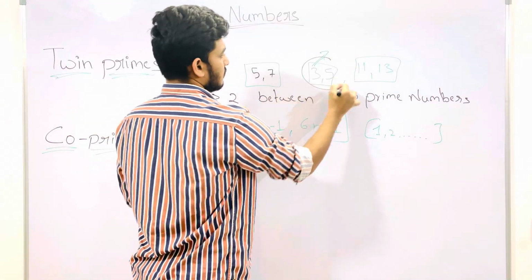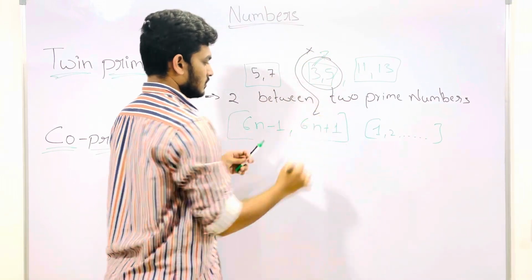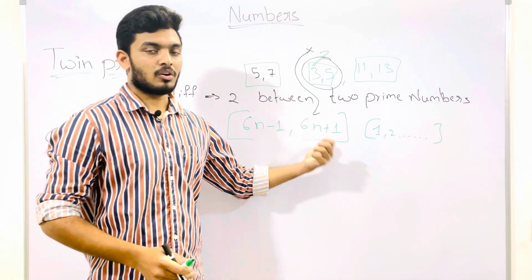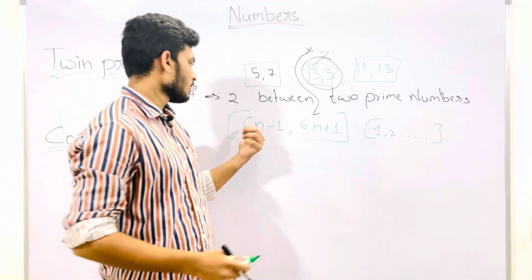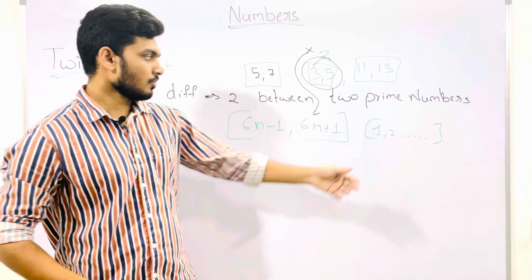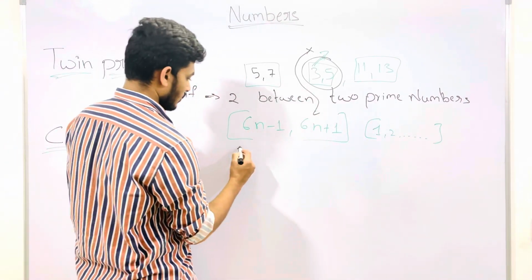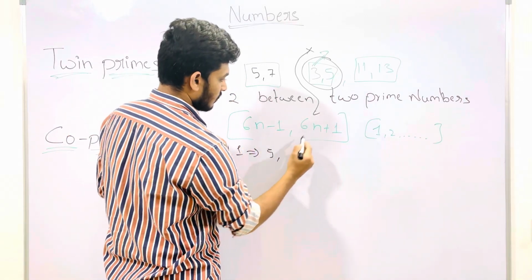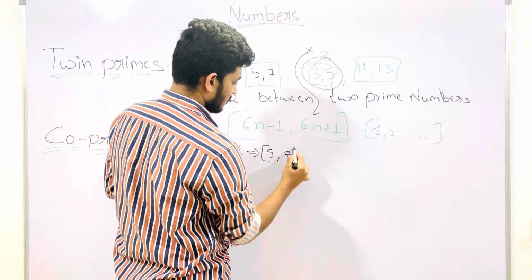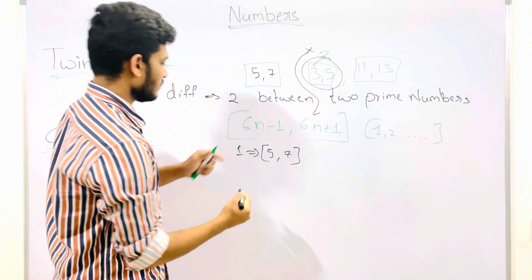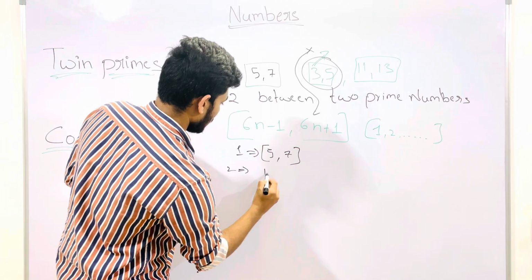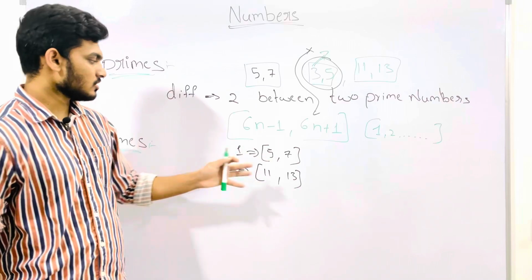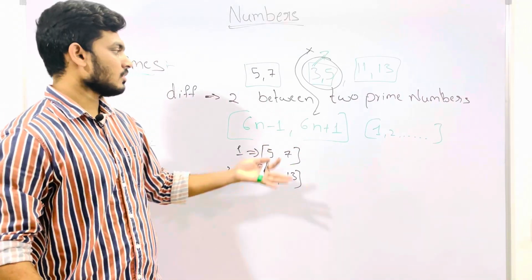If you put n as 1, this gives 5 comma 7. If n is 2, then this gives 11 comma 13, and so on. So this is a generic formula for all the twin primes.